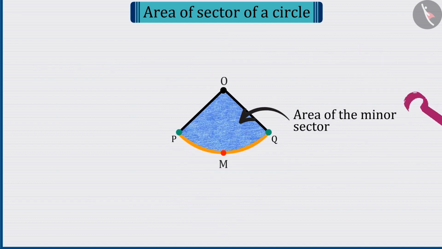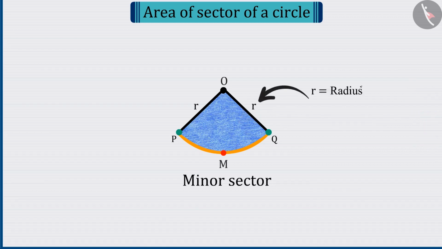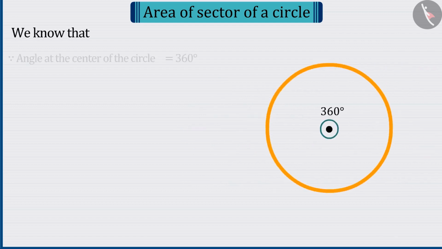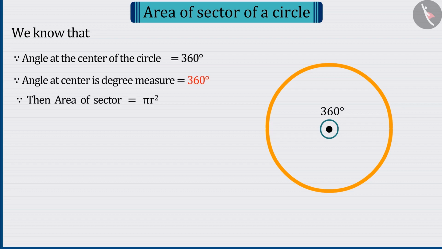So now, can you determine the area of minor sector OPMQ? Come, let's see. Assume in minor sector radius to be r and angle POQ be theta degrees. Now we know that at the center of the circle, the sum of the total angles is 360 degrees, so its degree measure is 360.